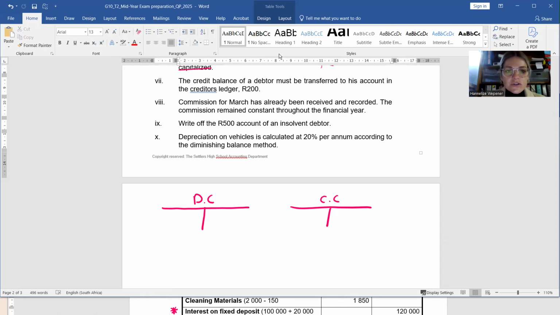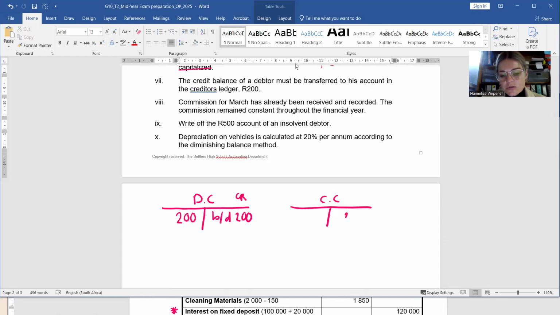Okay, so the credit balance of a debtor. This debtor has a balance currently of 200 Rand, but it is a credit balance of 200 Rand. This must now be transferred to his account in the creditor's ledger. In other words, I don't want a balance for him in my debtors control, so I will need to debit debtors control to get rid of that credit.